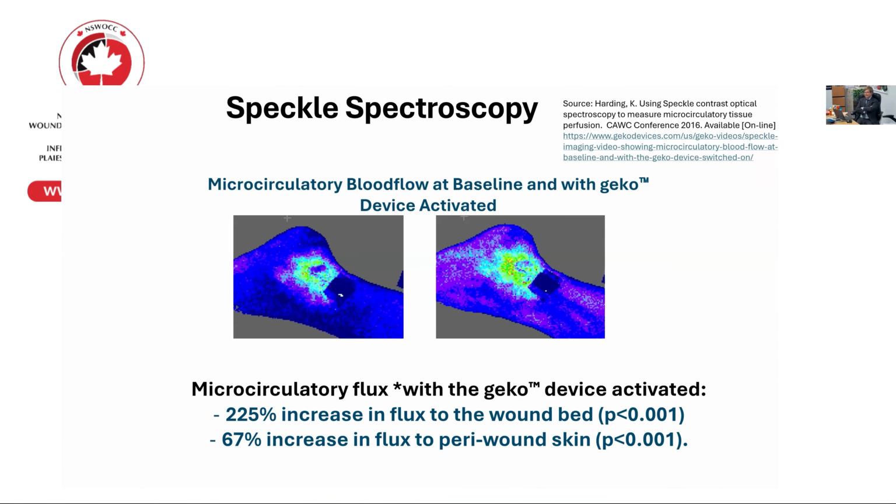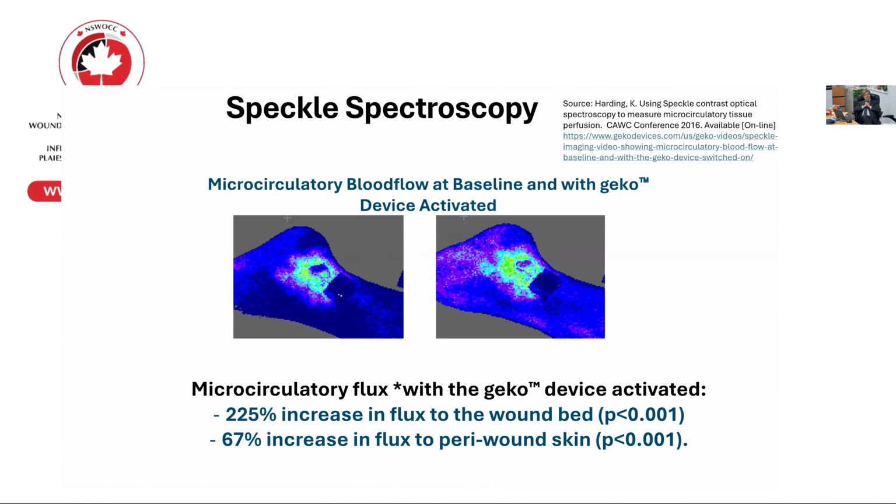What we're looking at here is the microcirculation of blood flow at baseline with Gecko. And on the left-hand side, you see the normal circulation. And when you turn the Gecko on, you're getting a twitch response, and you're actually increasing the microcirculatory flux with the Gecko device activated.